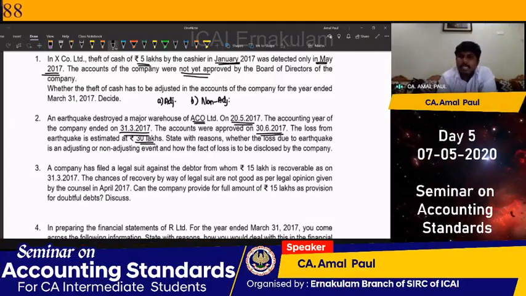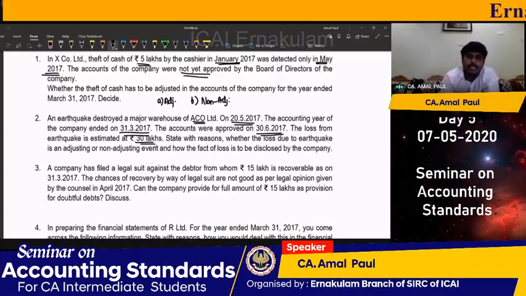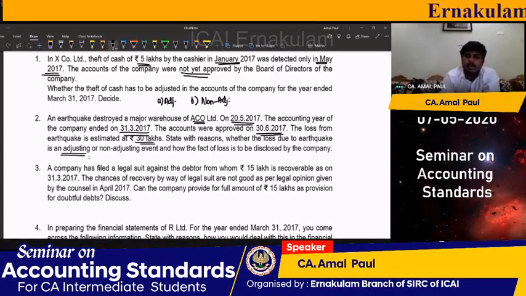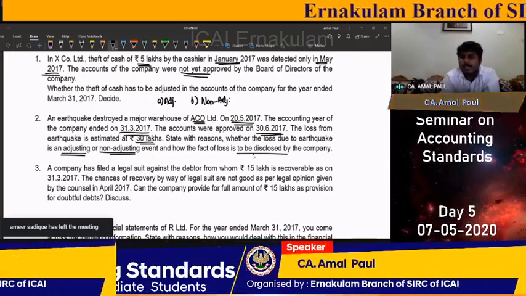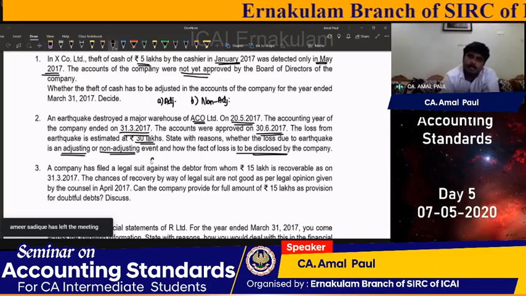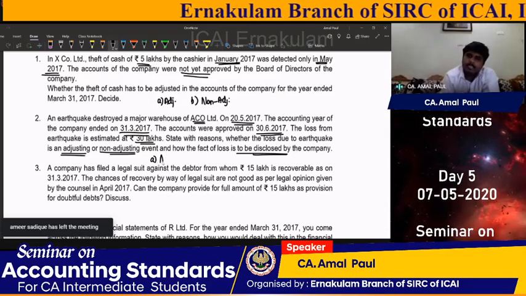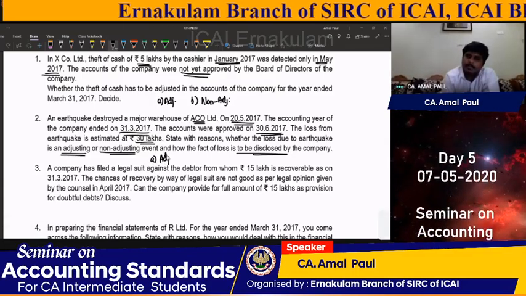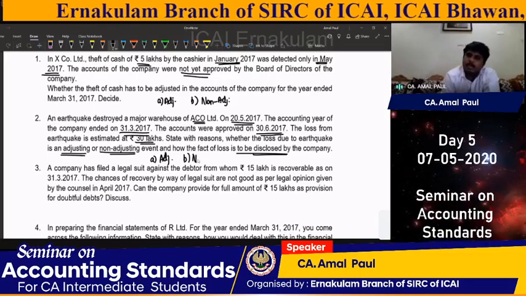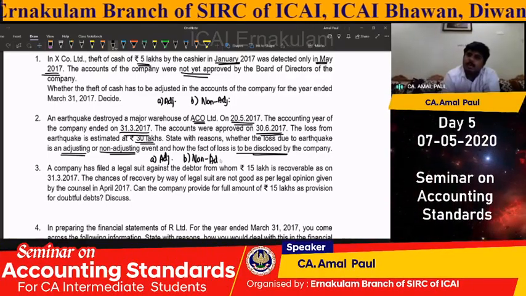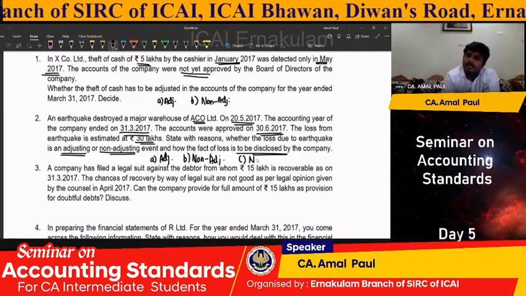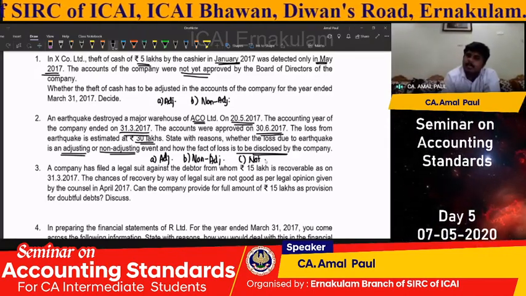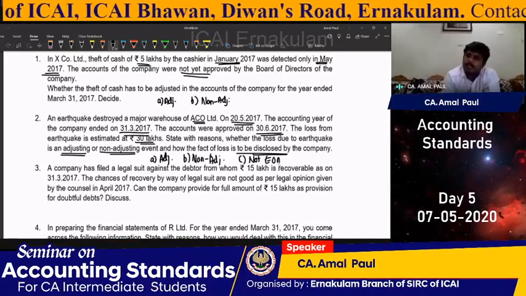State with reason whether the loss due to earthquake is an adjusting event or non-adjusting event, and how the fact is to be disclosed by the company. So first, A, whether it is an adjusting event, B, whether it is a non-adjusting event, or it is not an event occurring after balance sheet date.